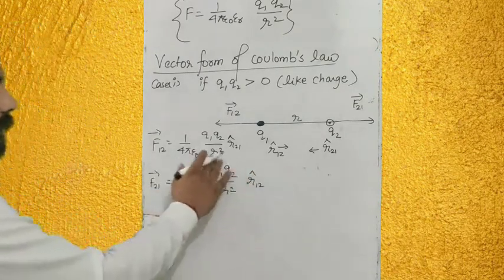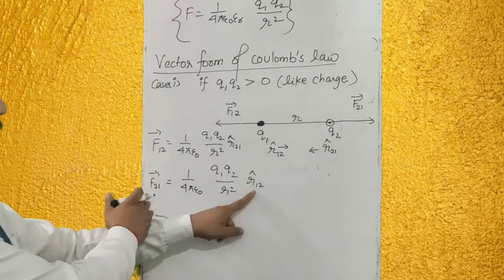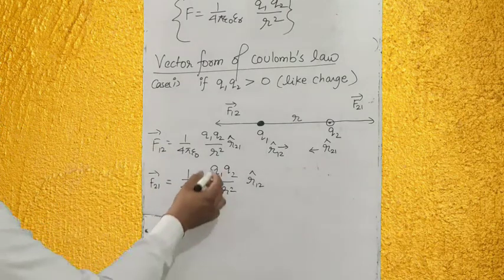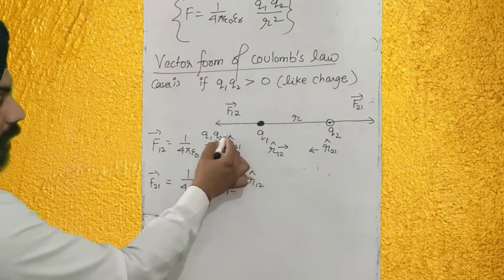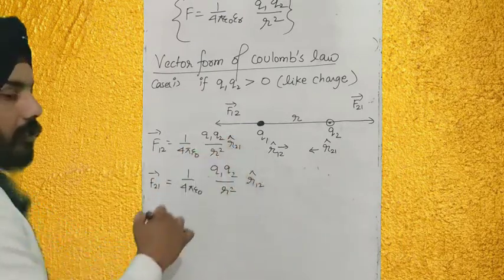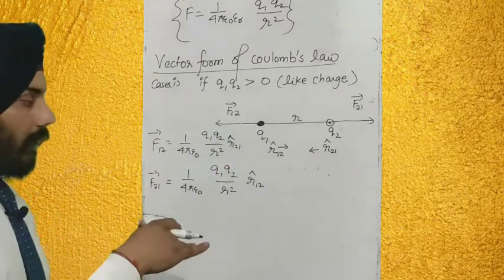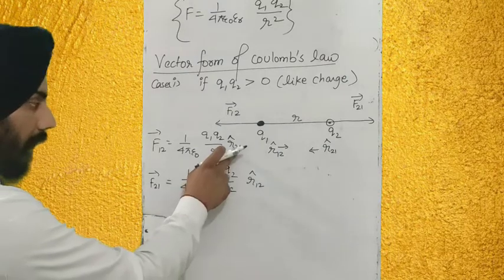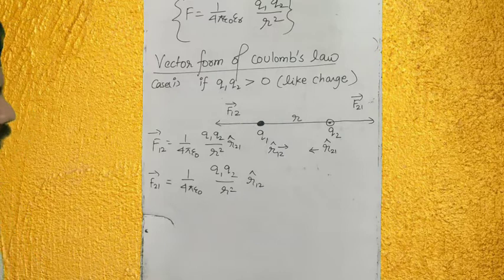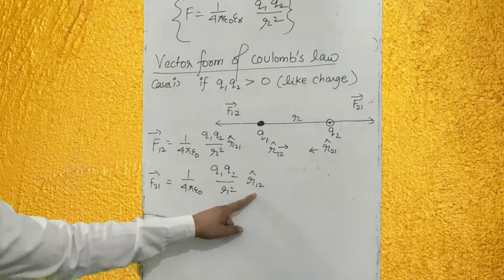This scalar quantity is multiplied with R12 and it gives the direction to F21. Now what we have to do is change R21 to R12. Instead of writing R21, I am going to write R12. When I write R12, I have to put a minus, because R21 and R12 are opposite to each other.